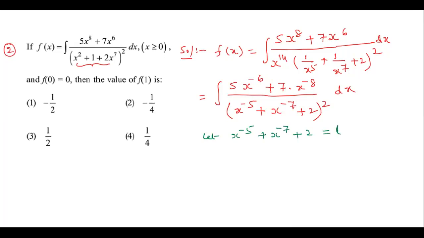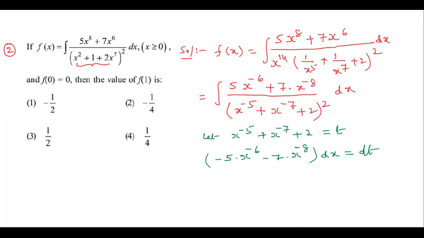Now observe here, let x power minus 5 plus x power minus 7 plus 2 be equal to t. Now apply the differentiation on both sides. What will come? Minus 5 into x power minus 6 minus 7 into x power minus 8 into dx. The derivative of 2 is 0. So that is equal to dt.